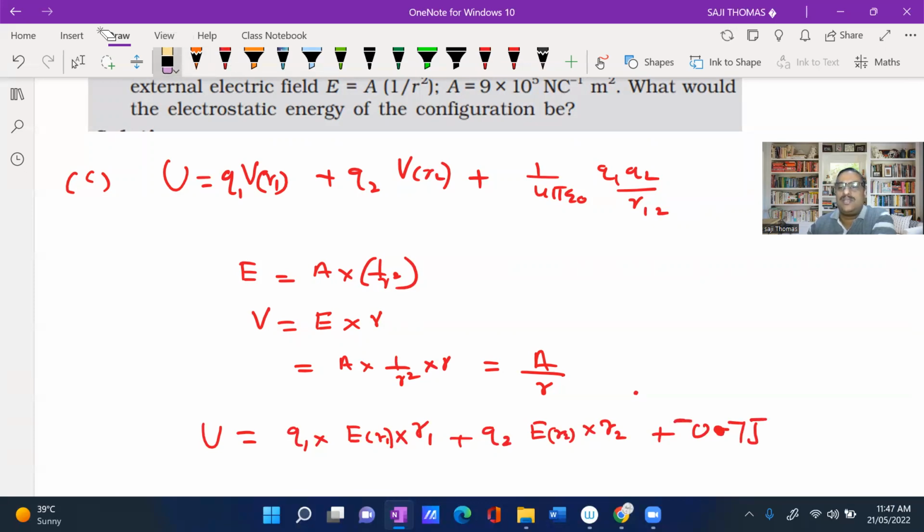That is the potential energy due to their mutual interaction. This you know, it is the first part of this question. In the A part, we have calculated that.